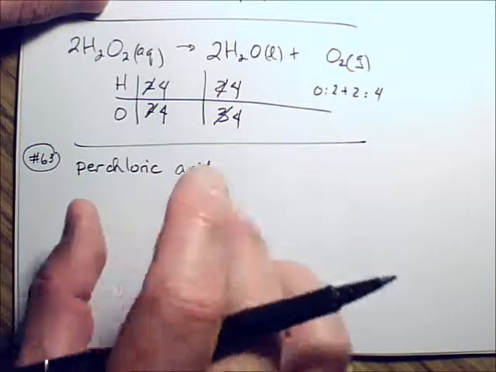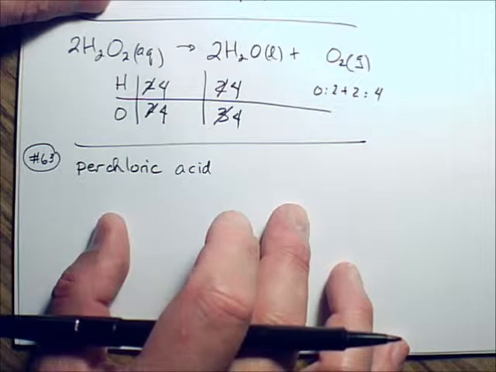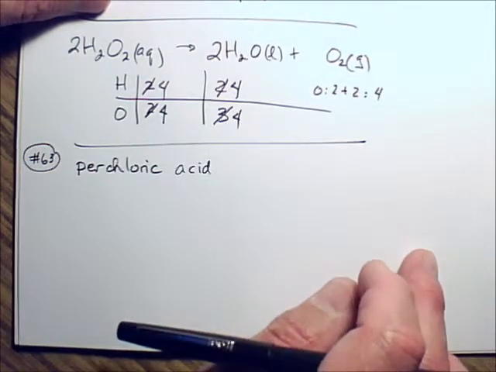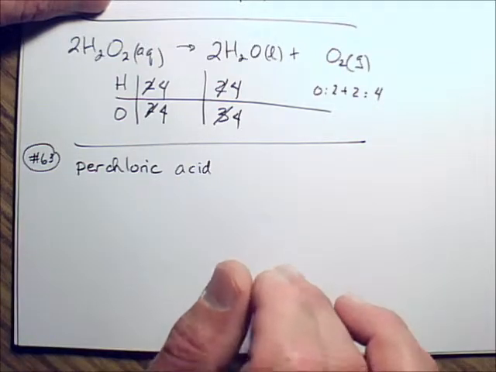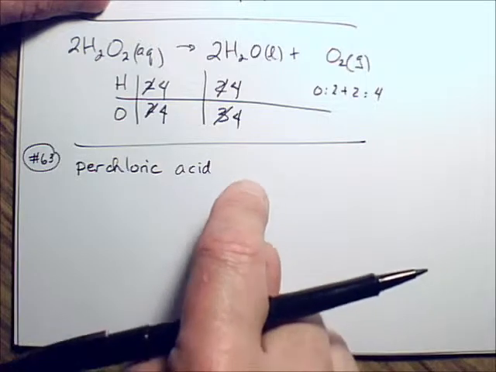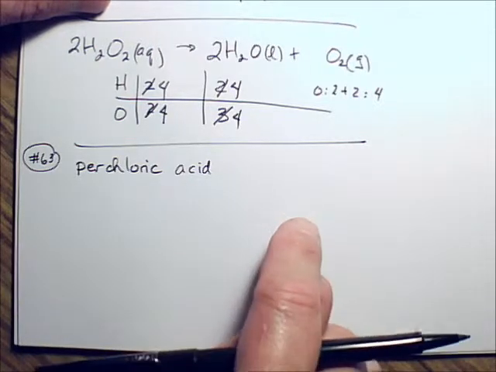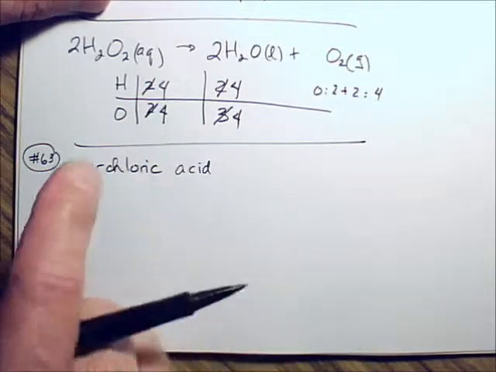If you remember when we're naming binary acids, we name them like an ionic compound; they have an ide ending, like hydrogen sulfide or hydrogen chloride. That's a binary acid. That became hydrosulfuric or hydrochloric. Binary acids have hydro on the front.